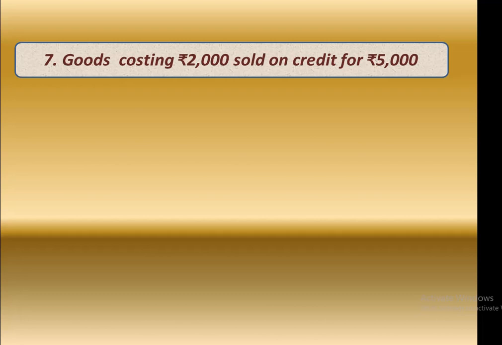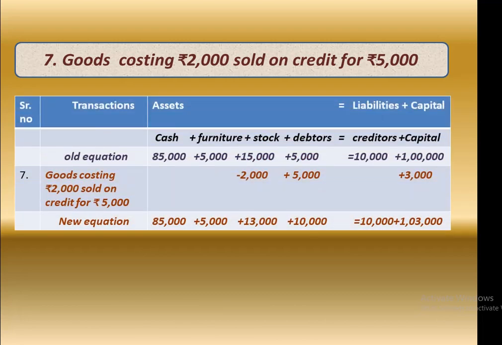The net increase is in assets. Rupees 3,000 is the amount of profit which will be added to the capital. Now, see the treatment. Minus 2,000 from stock plus 5,000 in debtors and the profit amount is added in capital with rupees 3,000.